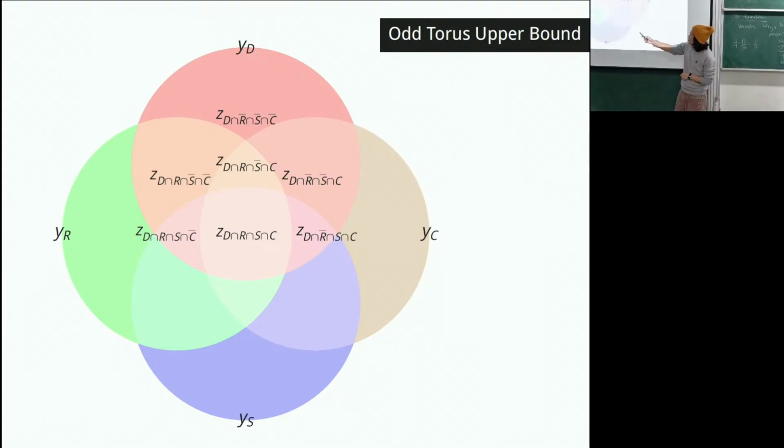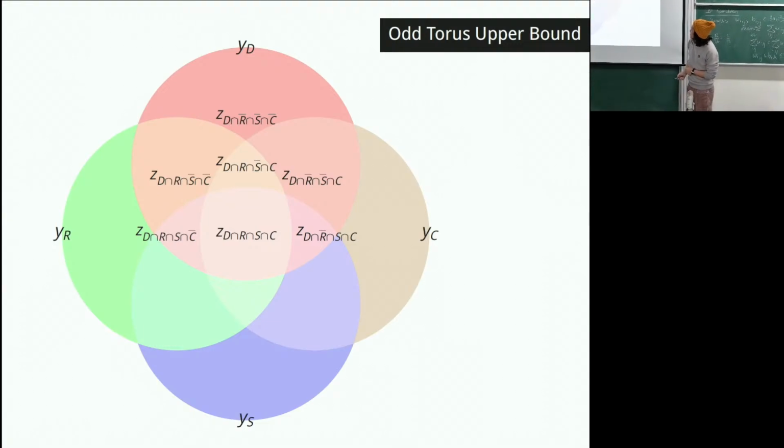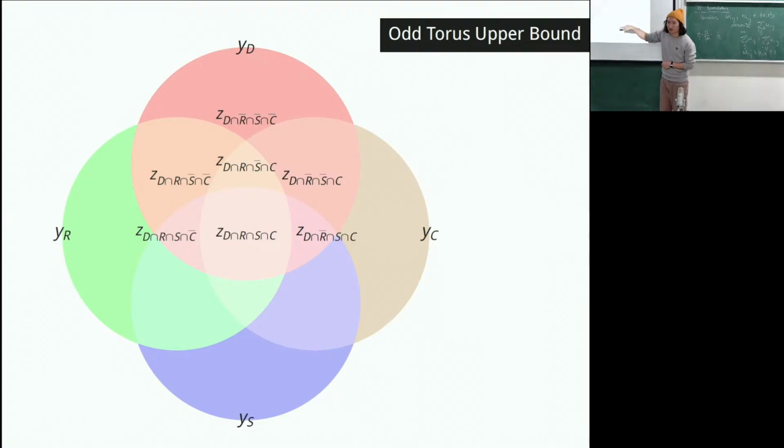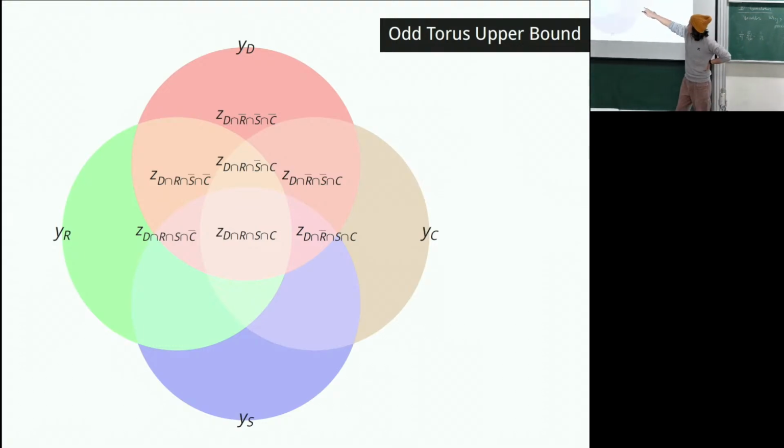For example, there's a region that is the intersection of D, R, S, and C, these four sets. And then there's also the outside region, that's something in none of them. We want to count the fraction of queens that are in each of these regions.